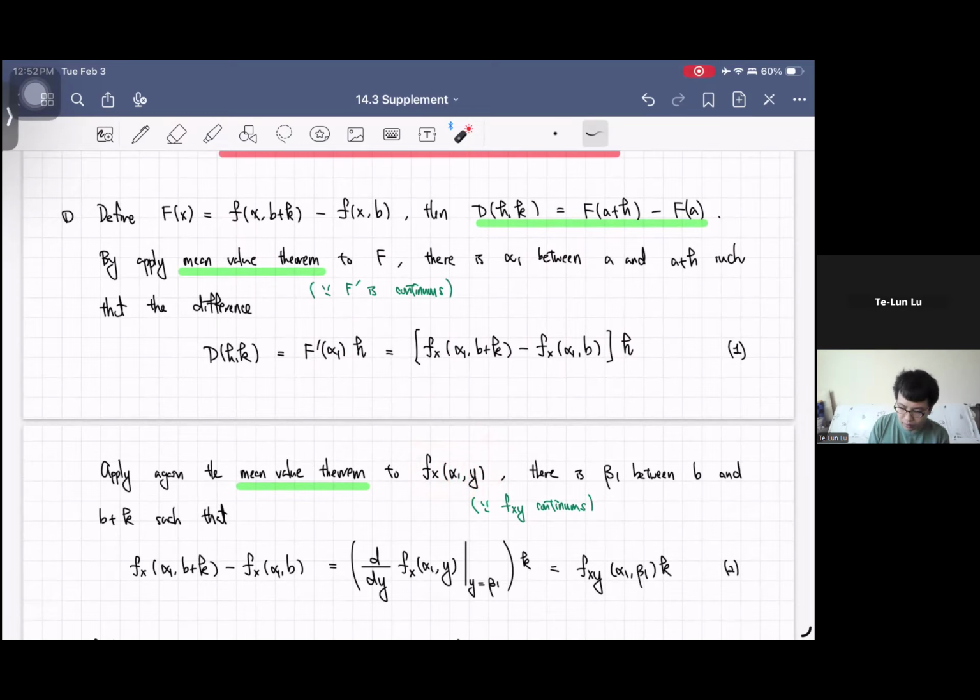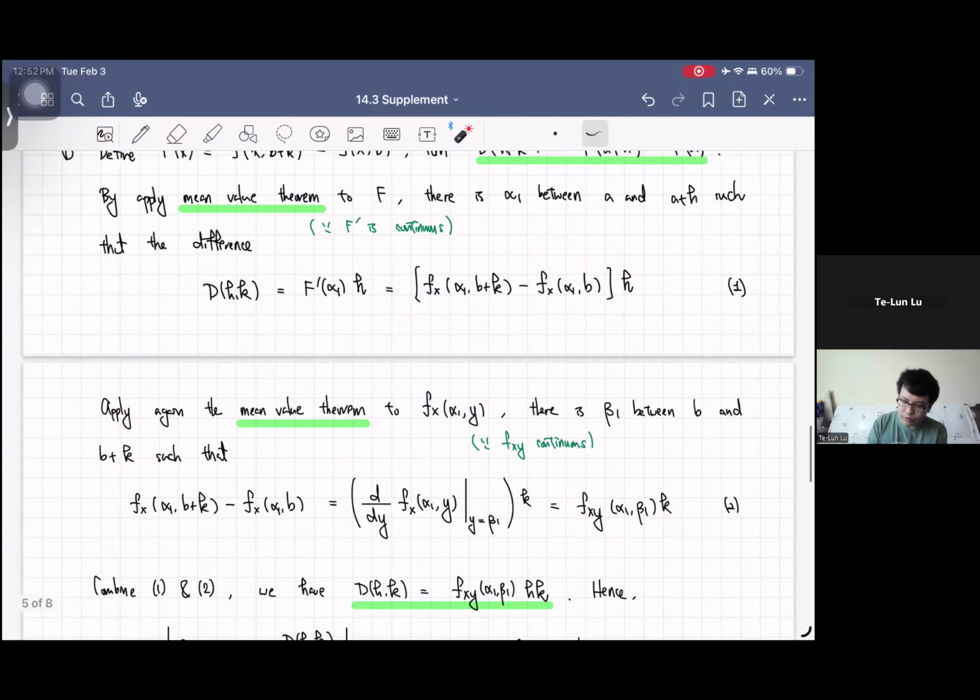Because again, the derivative of this with respect to y is simply the partial derivative f_xy, right? And we assume that f_xy is continuous, so you can again apply the mean value theorem to show that this difference is again some partial derivative f_xy at alpha 1, b, beta 1, where beta 1 is some number between b and b plus k.